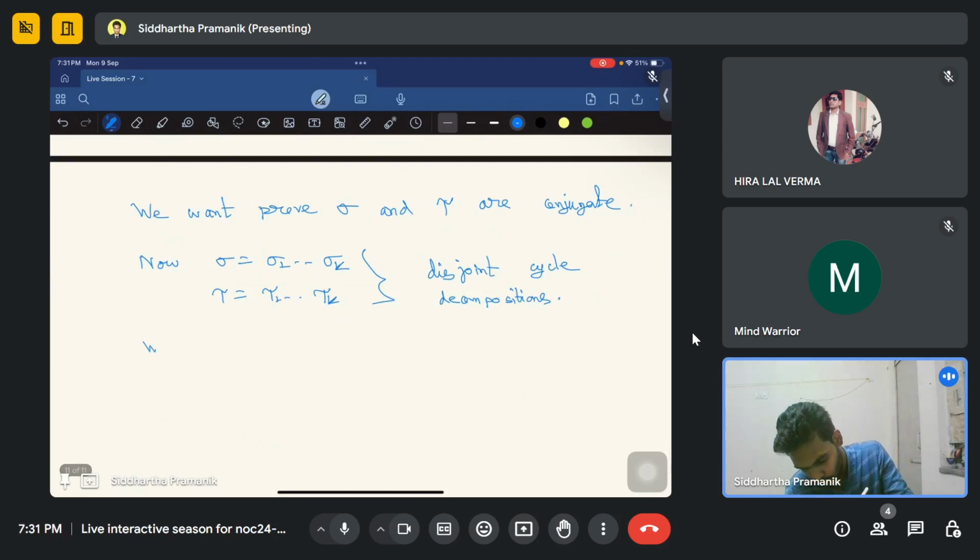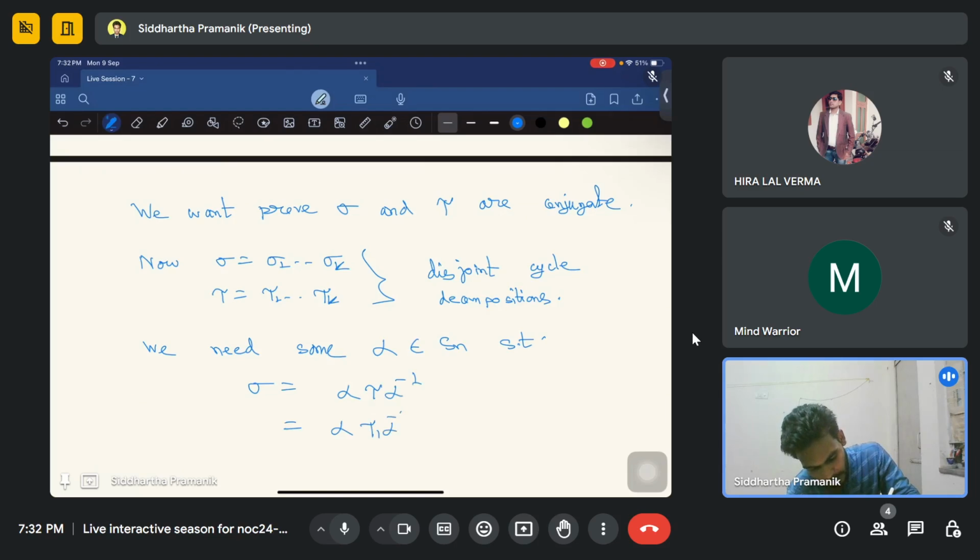So we need some alpha belonging to Sn such that sigma equals alpha tau alpha inverse. That means alpha tau_1 alpha inverse, alpha tau_2 alpha inverse, up to alpha tau_k alpha inverse.